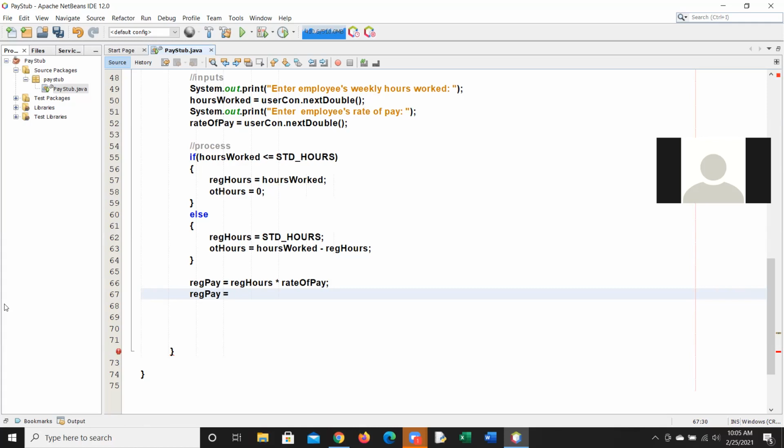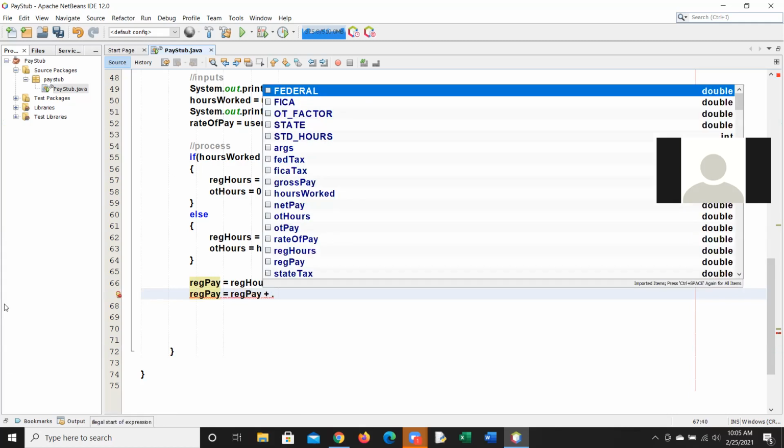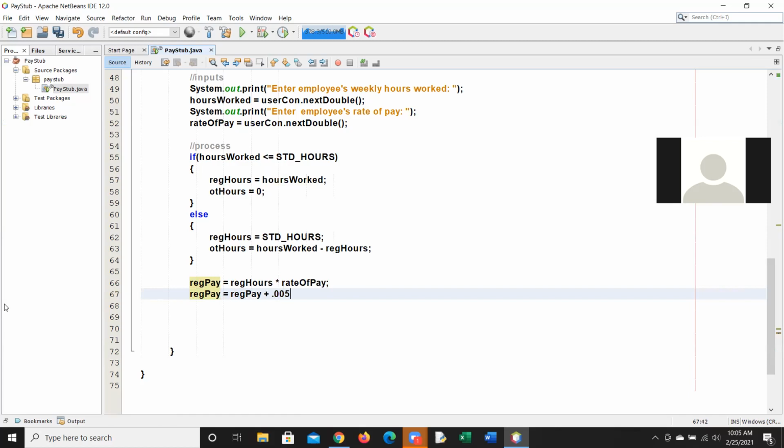So let's try. If I take, first of all, regular pay, and I add 0.005 to it. Why am I doing that? Because I want it to have a number higher than, that'll kick the number up.